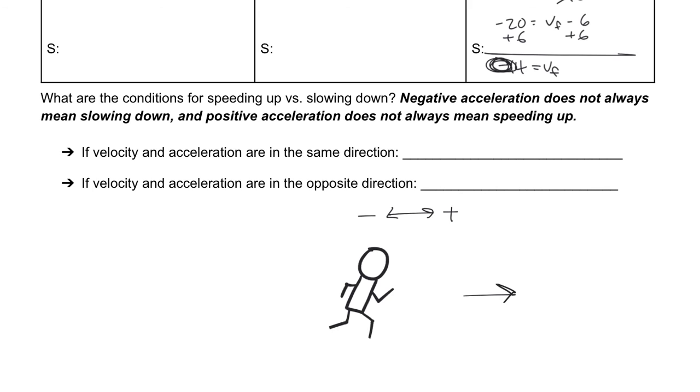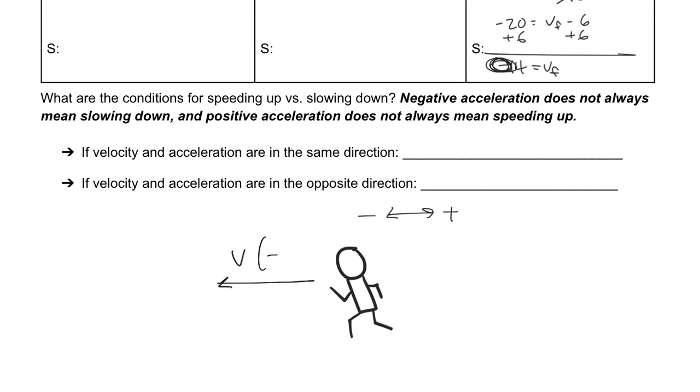It's going to take me a second to make my runner flip here. All right, there he goes. So this time, I'm going to make my runner go in the negative direction. The velocity is negative. Now, if I push my runner in the positive direction, my acceleration is positive. What is going to happen to the runner?